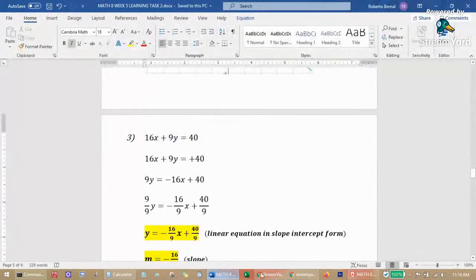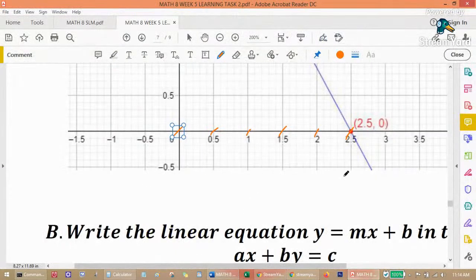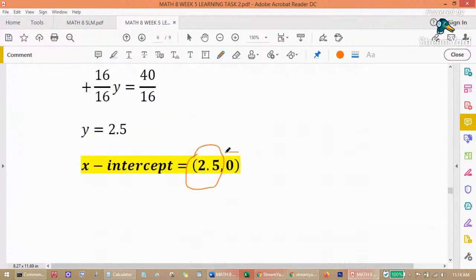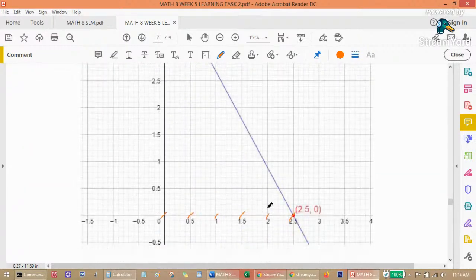And then, ang ating y is 0. So, hindi na tayo aakyat. Hanggang dyan na lang tayo kasi 0 ang y eh. So, therefore, ito yung x-intercept. No?